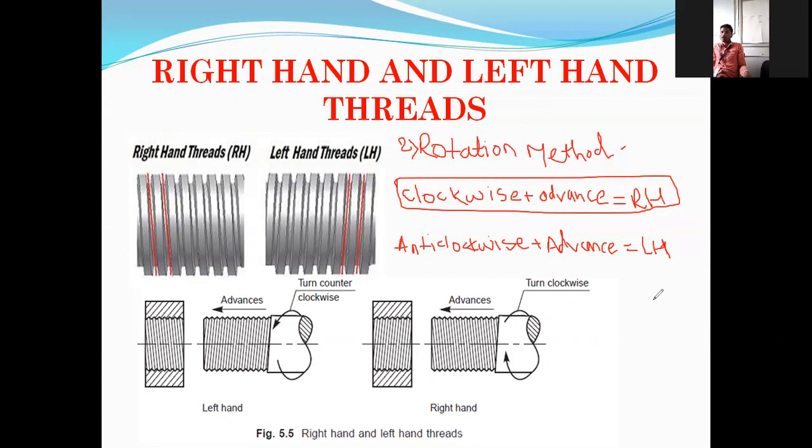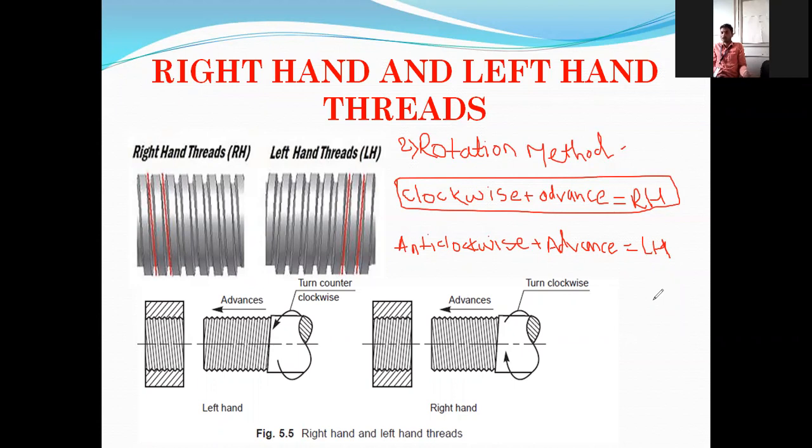Which is the second method? Rotation method. How are we going to identify the type of thread using the rotation method? Once we hold the nut and bolt in our hand, suppose we rotate the bolt in the clockwise direction and advance is happening.